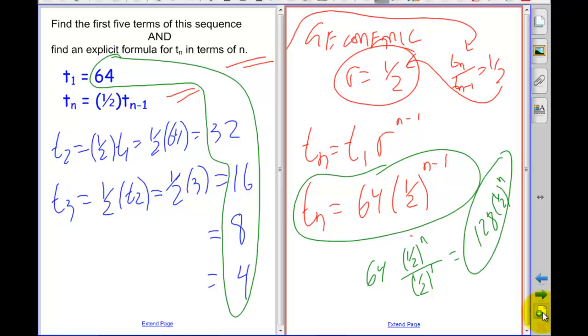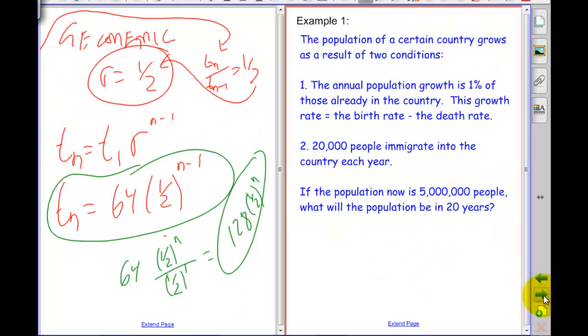So I accept that too. Yeah, why is that 128? It's 1/2 to the n over 1/2 to the first. Doubt me no more. Divide by a half is multiply by 2.